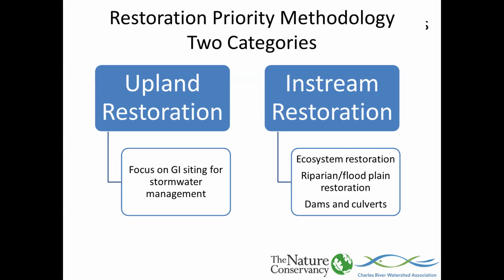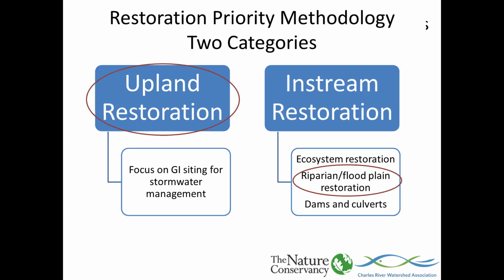So the restoration priorities have basically two broad scale categories, looking at upland area and then looking at possible in-stream restoration opportunities. I'm going to talk a little bit about the upland restoration, and then on the in-stream, I'm just going to talk about the riparian and floodplain for the sake of time today.